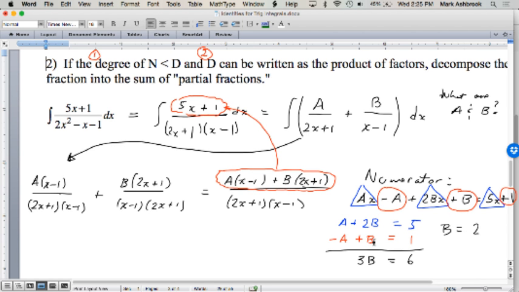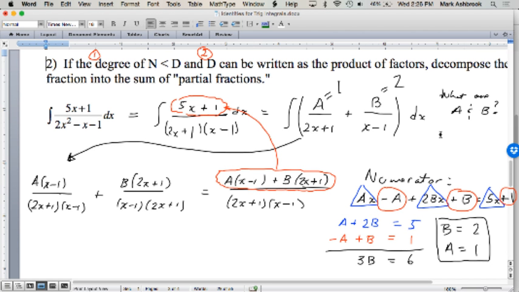Come back here. If b is 2, then a is 1. Just use either equation to solve for a. Once you have one of them, you can easily solve for the other. And we got it. So we're pretty much done. We know that a equals 1, b equals 2. And now we got an easy integral.